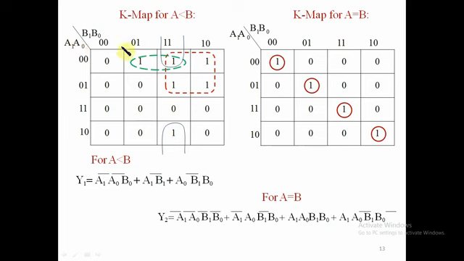A0 A1 B0 B1. Whatever values are present, we put them and prepare the grouping. Here is a pair, here also one pair, and we test the equation.